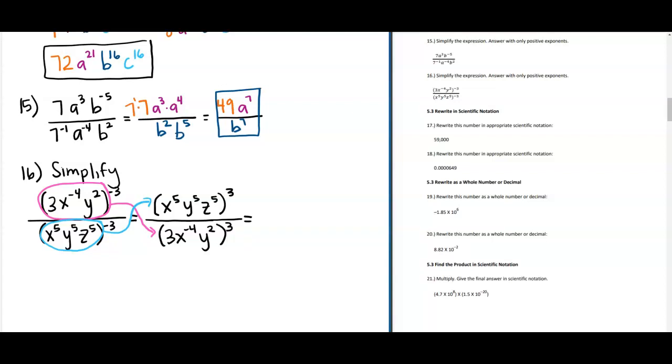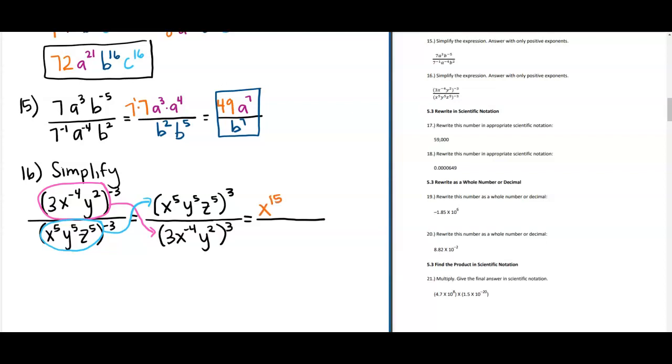Now I'd want to get rid of my parentheses by giving everybody inside that power of 3. So let's do that on the top. So with my x's, x to the 5th raised to the 3rd is going to be multiplying those together, so that's x to the 15th.